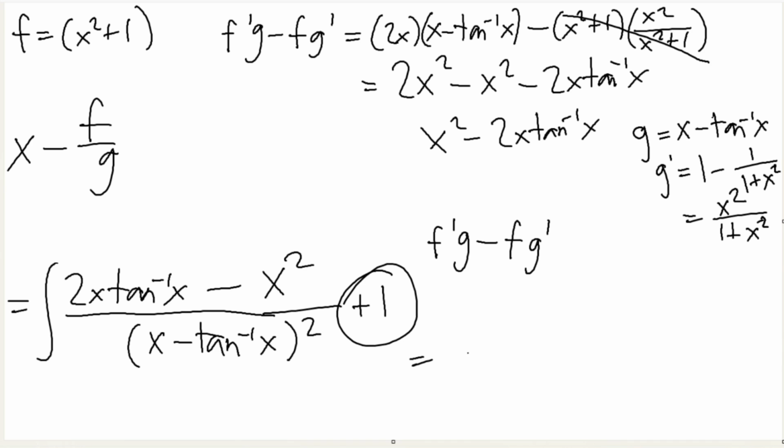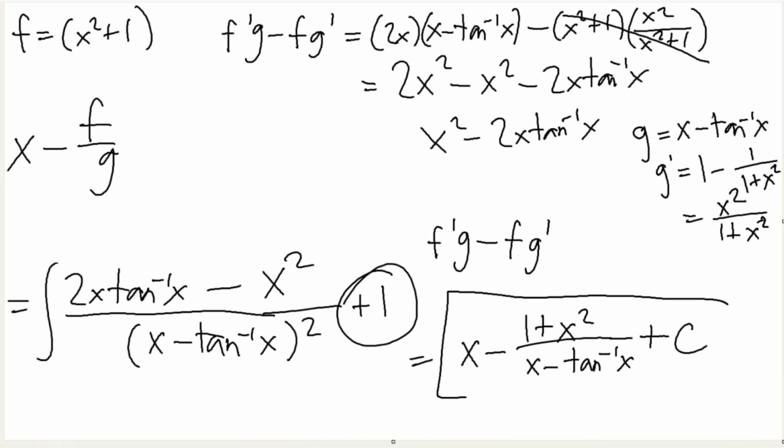So now our answer is x minus, our f was 1 plus x squared, and our g was x minus inverse tangent. And that would be our answer.